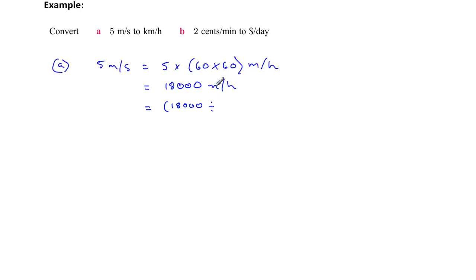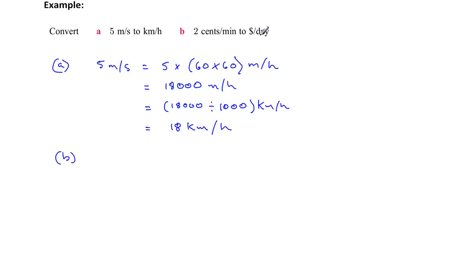Now remember, there's 1,000 metres in a kilometre, so we need to bundle up bundles of 1,000 metres to change it to kilometres, and that will actually give us our answer in kilometres per hour. So here we go with this one. It comes down to 18 kilometres per hour.